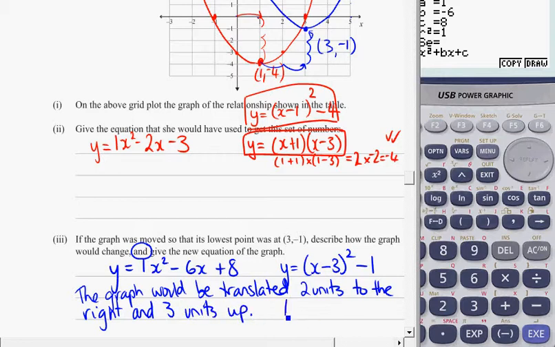You might have used a vector. We can use a vector to describe a translation or a shift. The top number is across, so we want to go across 2 and up 3 if you used a vector. Writing it in words should be fine. 2 units to the right and 3 units up.